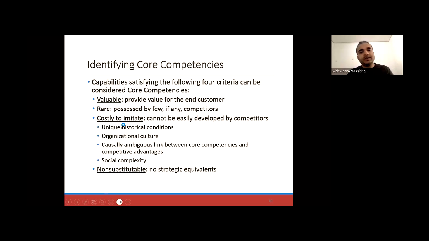So all these reasons make it hard to imitate the capabilities of the firm. And if the capability is tangible, like say in the case of the IT sector, where you can reverse engineer things, then they can easily be copied.